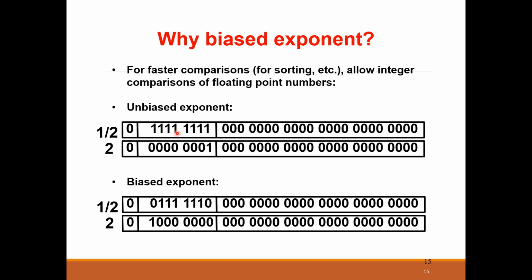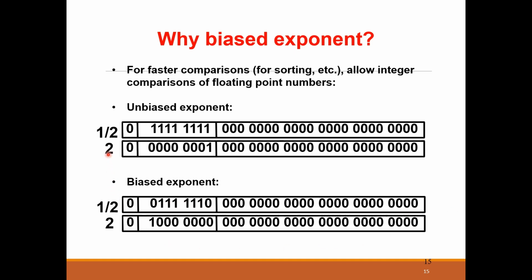So it is 1.0 times 2 to the power minus 1. And these all ones, 8 ones, is equivalent to minus 1. So this is the exponent part, and 1.0, all zeros in the fraction part, in the unbiased system. And with the biased system, if you add minus 1 plus 127, it will become 126. This will be the representation.